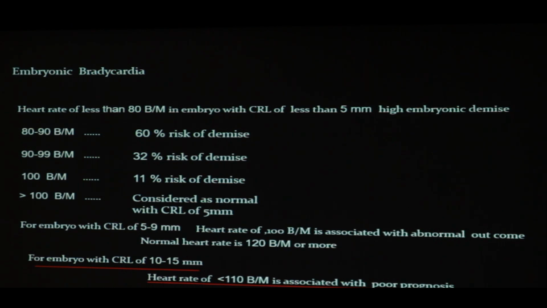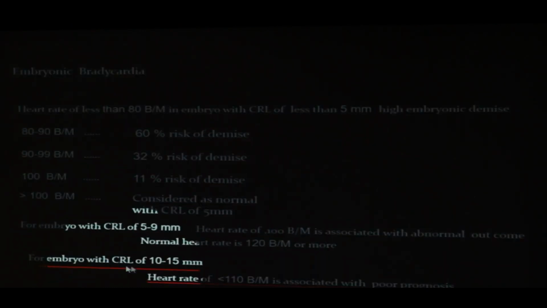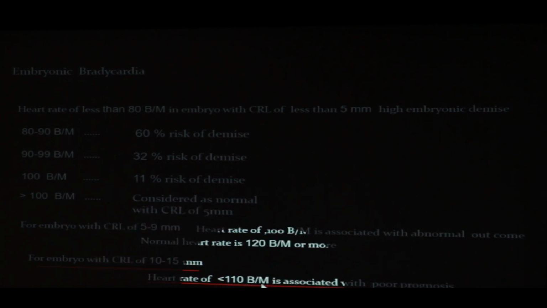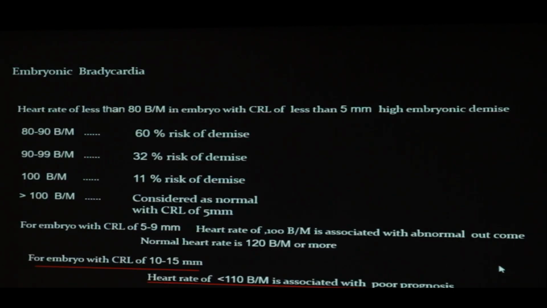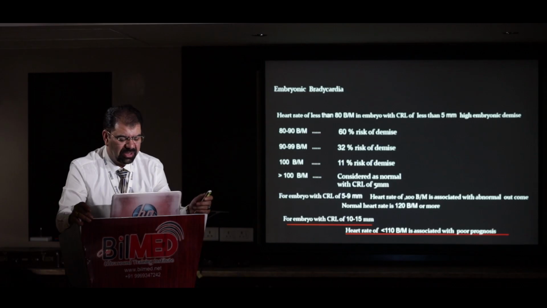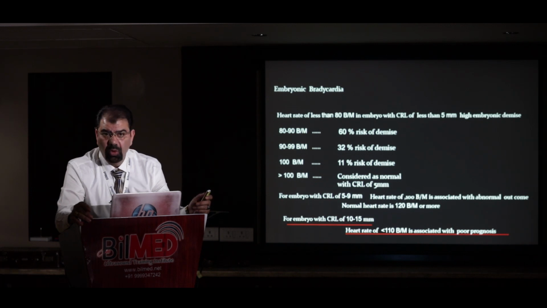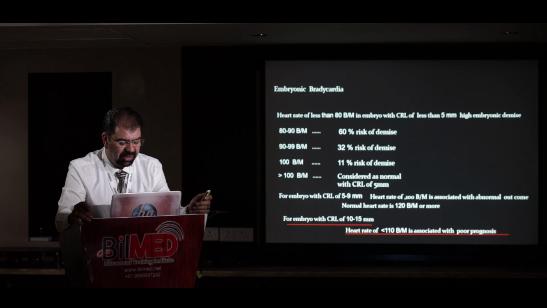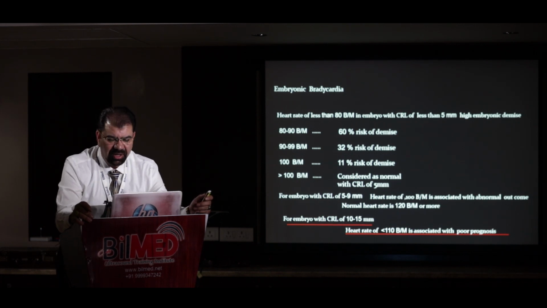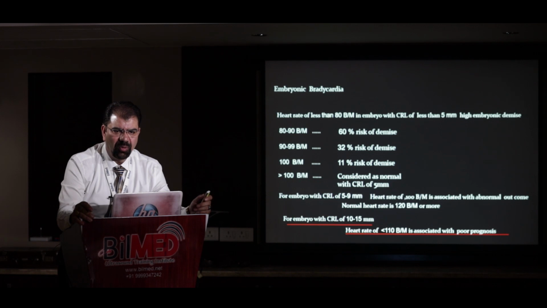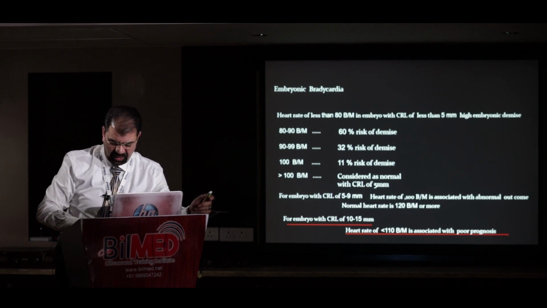For example, here it is 10 to 15. A heart rate of 110 is associated with poor prognosis. So for less than 5 millimeters CRL, it should be more than 100, and in between 5 to 9, it should be about 120, not 105, 107. That will be normal only if the CRL is less than 5.